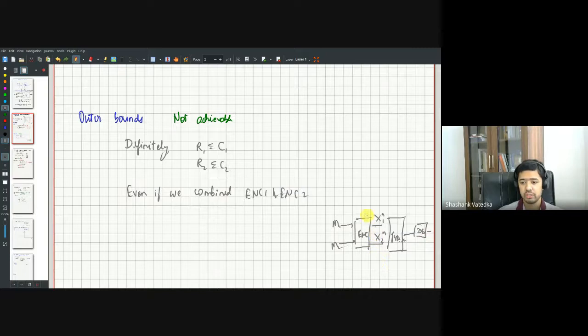So if you cannot achieve some particular R1 and R2 over here, obviously you cannot achieve that particular rate pair for the multiple access channel, where you had two separate encoders, because the encoders have less information, right? So for this, what can you say about R1 plus R2?